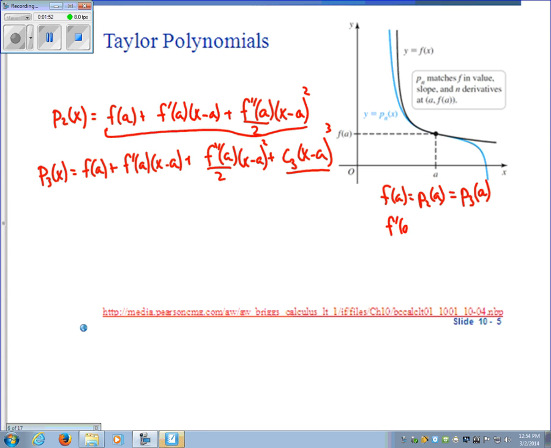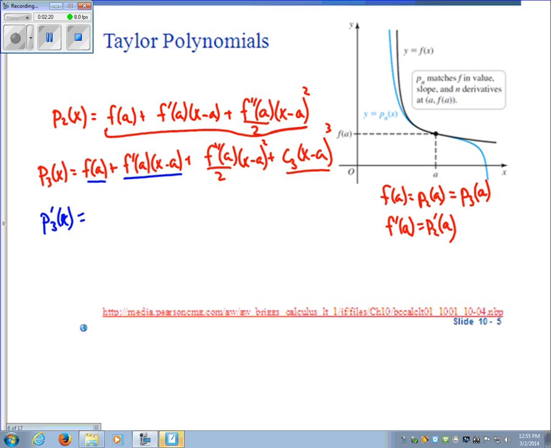F prime of a agreed with the derivative. Now, if you took the derivative of p2, you're going to still have some x minus a's left in this last term. Likewise, let's take the derivative of p3. In p3 prime of x, this term has a derivative of 0.